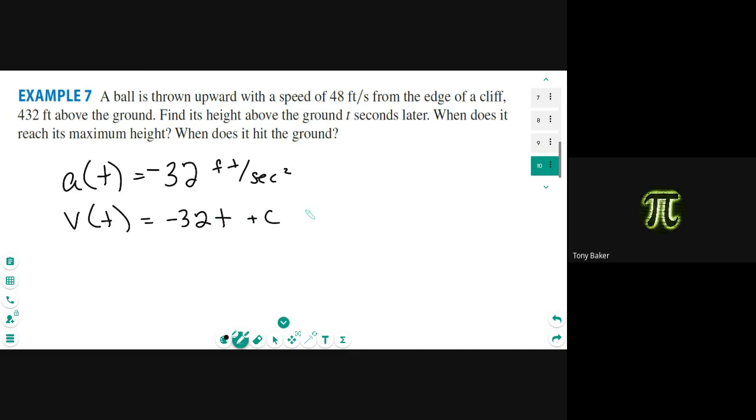And plus C, but yes, when we plug in 48, it's going to be negative 32T plus 48. Because it says upward, positive. If it was downward, it'd be negative. All right. What's my position function then?